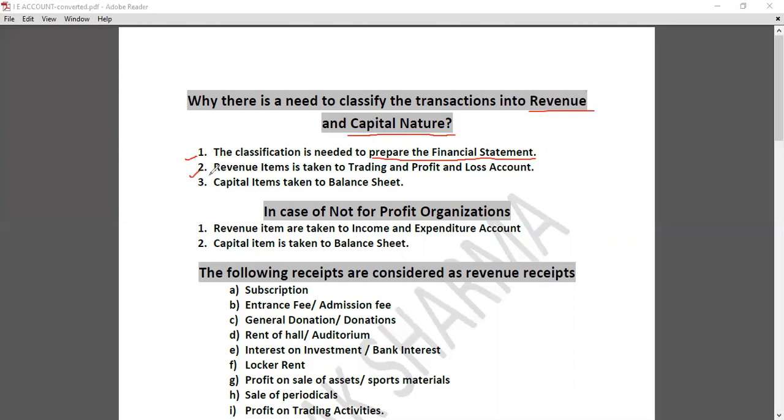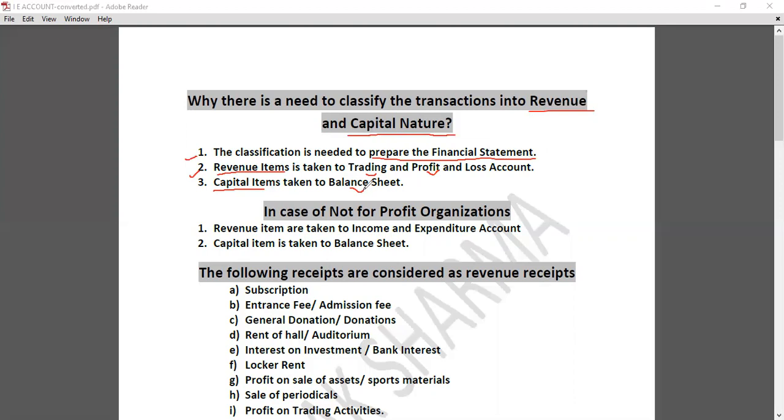What is the method here? After having the revenue items, we will take them either to the trading or profit and loss account, and capital items are taken to the balance sheet. This is the basic reason why we are required to categorize the transactions into revenue and capital nature.